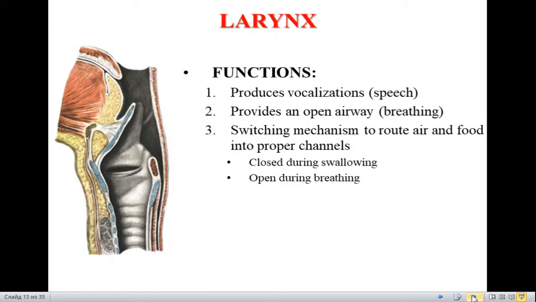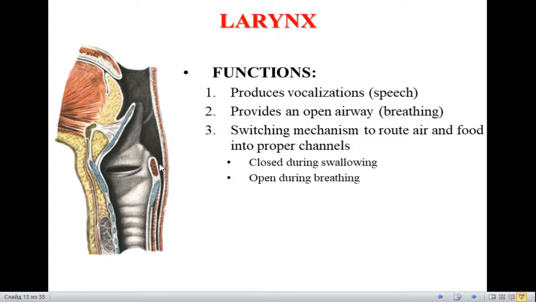The functions of the larynx are to produce speech, provide an open airway, breathing, and also the larynx participates in the mechanism to route air and food into the proper channels, because in the oropharynx we have the crossing of the respiratory tract and alimentary tract, and if there is some speech during eating, the food can easily pass into the larynx instead of entering the esophagus.